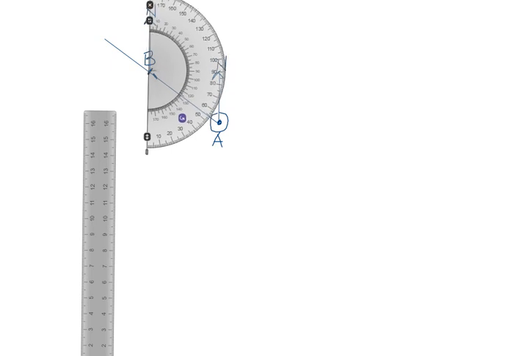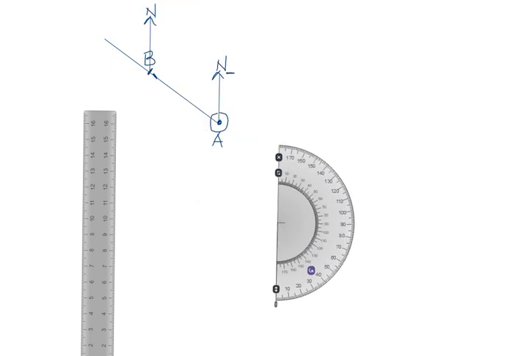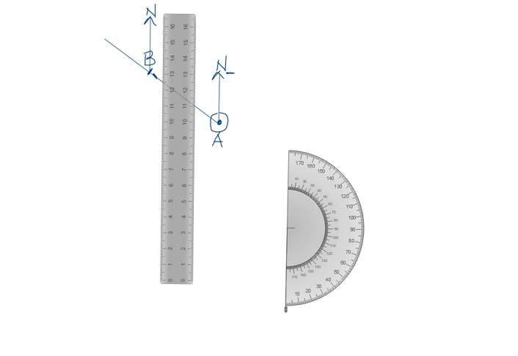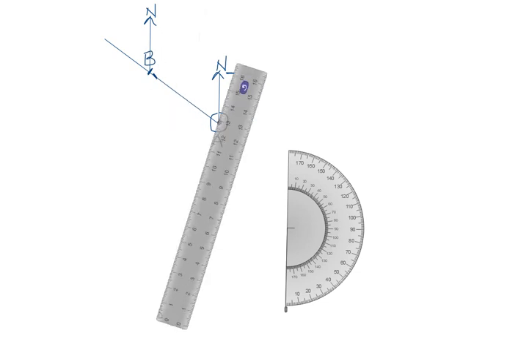Make sure you place your protractor in the right position, and then you mark 90 degrees. That is 90 degrees. Join these two points using your ruler.